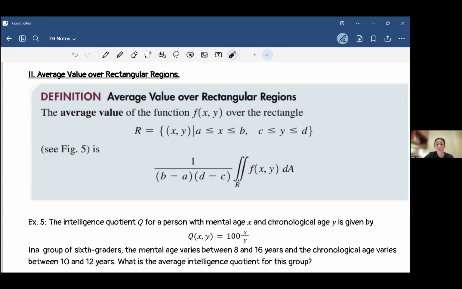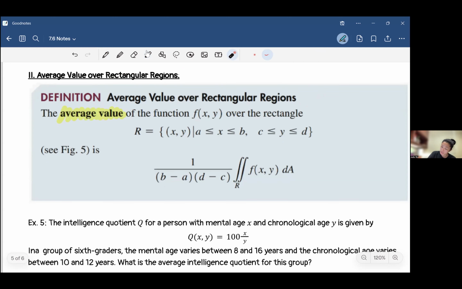The average value is just looking for the height of this shape. But most often you'll see it pretty spelled out for you. The question will say, I want you to find the average value. And if we think about averages in general, you usually divide by how many things you have.